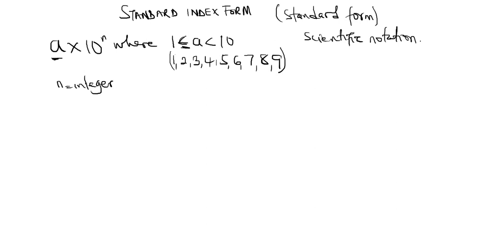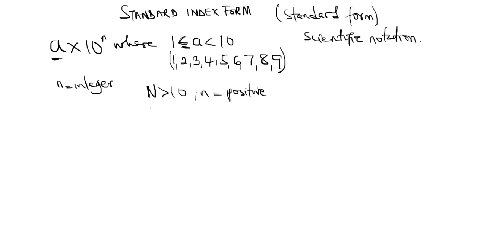Now, for a large number, that means a number greater than 10, n is positive. For a small number, that means less than 1, n is negative. When a number is greater than 10, in that case your n is positive.